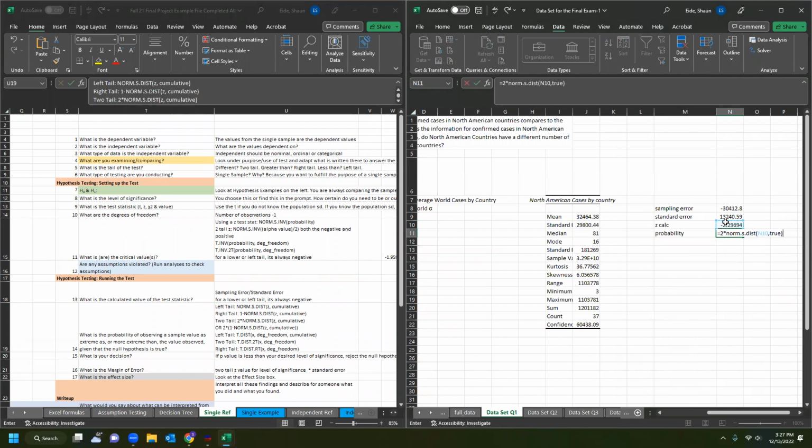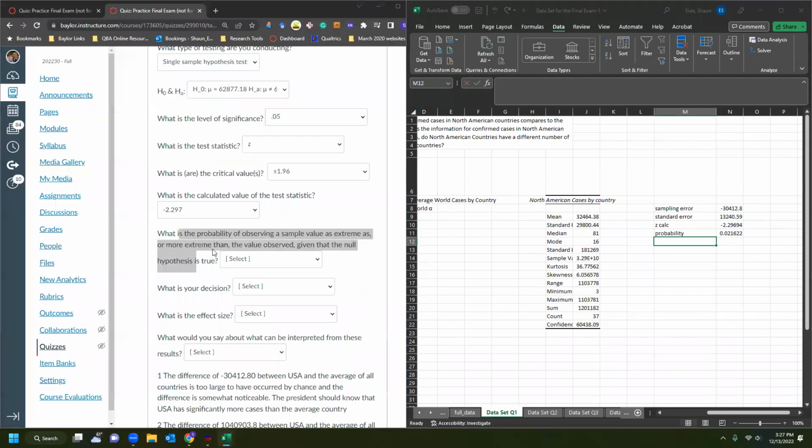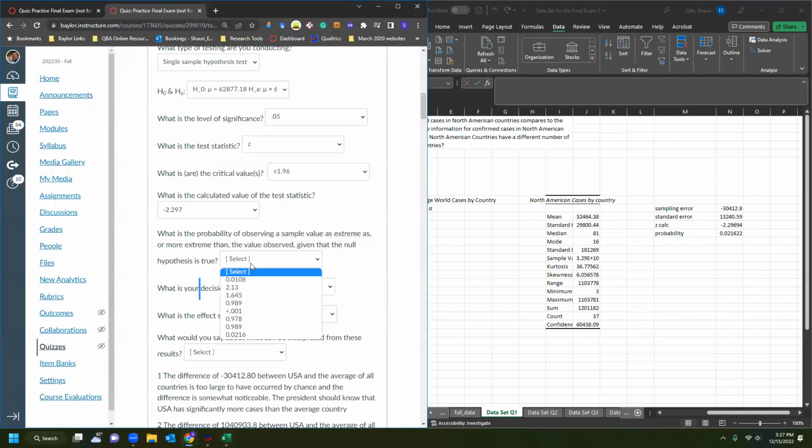Okay, and this is very specifically for a lower tail test. If it was for an upper tail test, you would do 1 minus the z value, or you do the negative z value. And so the probability of getting this is 0.02. And so we're going to do 0.0216 right down there. Okay.